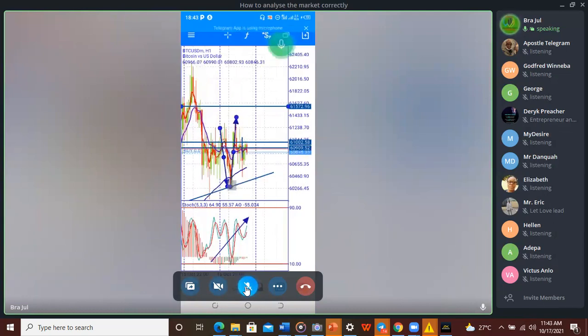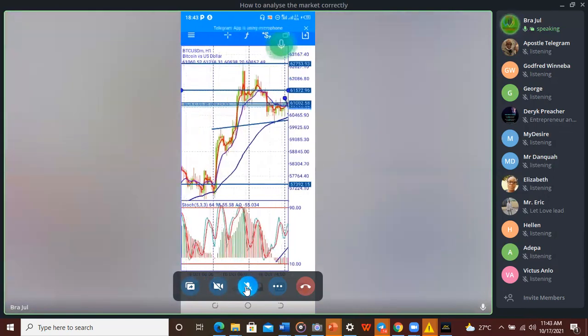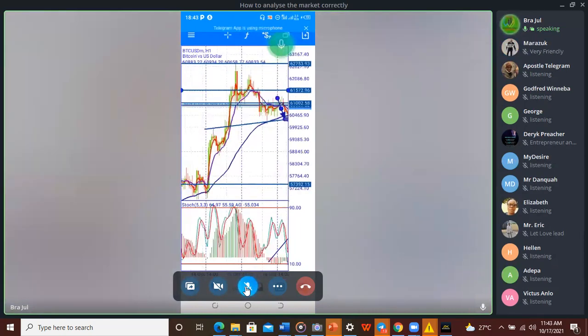Now let's look for a very nice resistance level as well on this particular H1 chart. Let's take our distance to the top here. You see that the price was moving up, got to this level, then it was not moving up again.